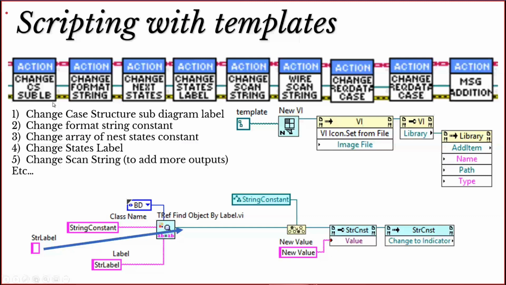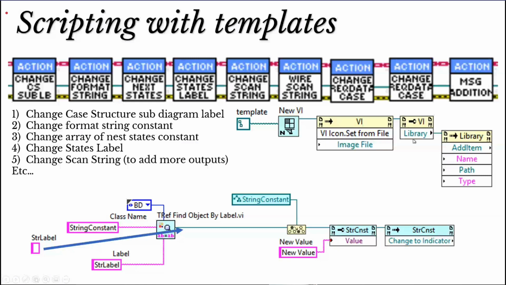And you can see I've got some examples of scripting functions on the screen here. If I want to programmatically create a brand new VI, I can just use the new VI scripting function, even wire in a template. There are various methods that you can use with this new VI, like change the icon.